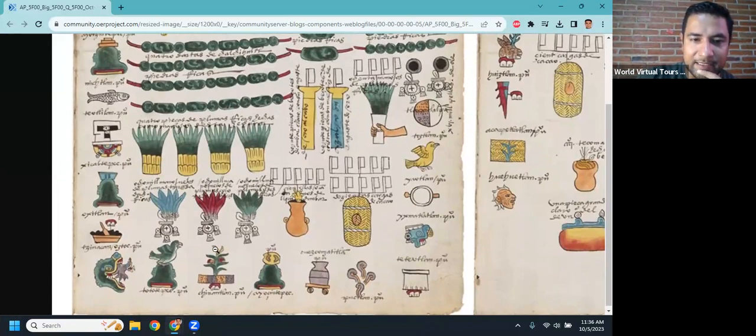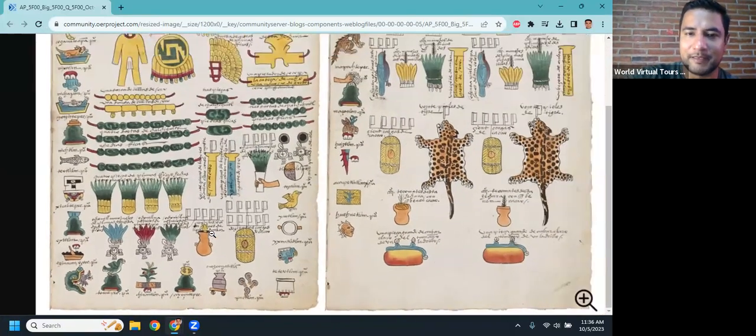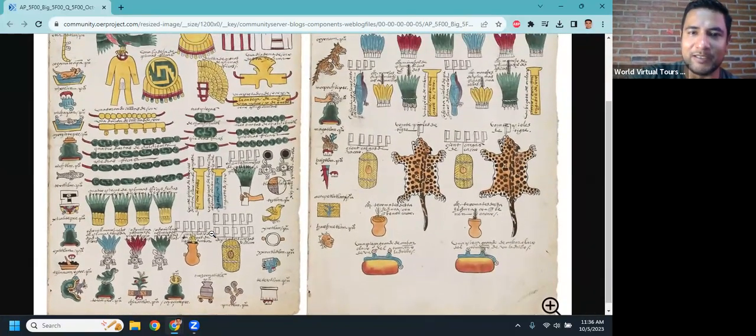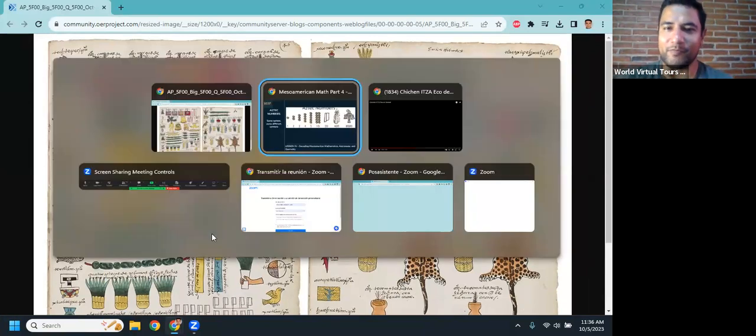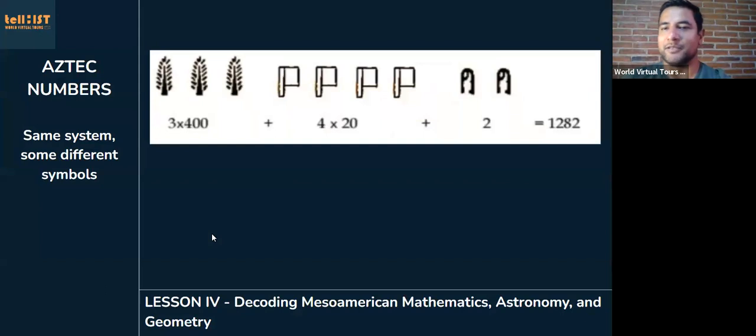In this case, they are asking for different types of herbs, 8,000 units of those. So we see all this tax system of the Aztecs represented in these old codices. Let's see other examples.